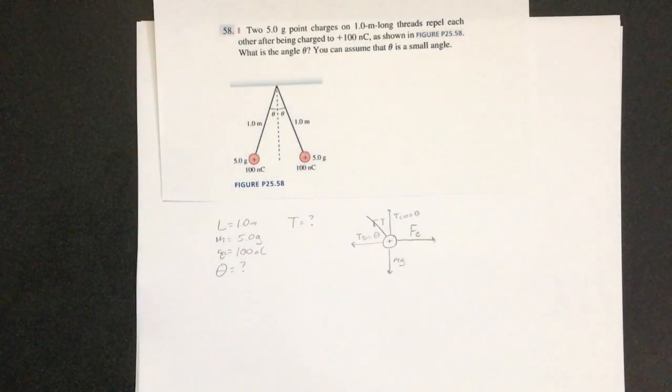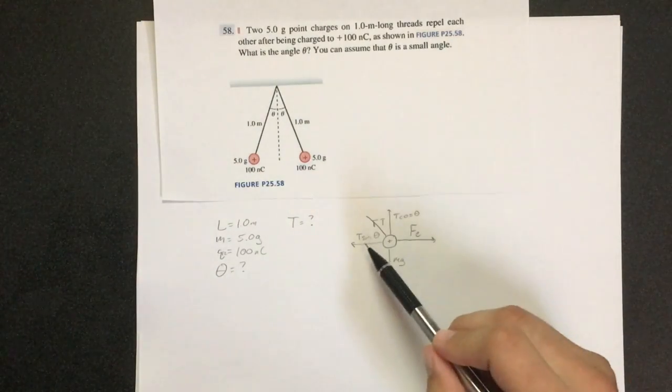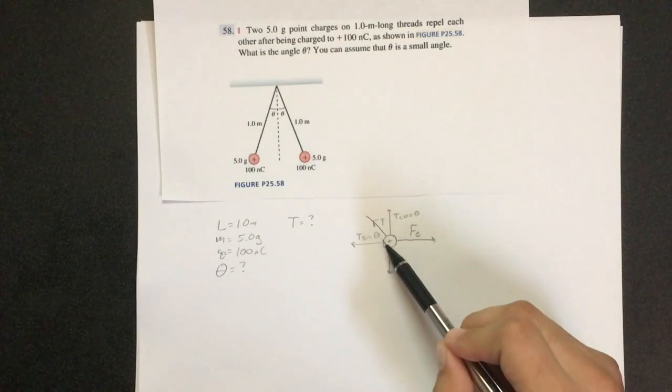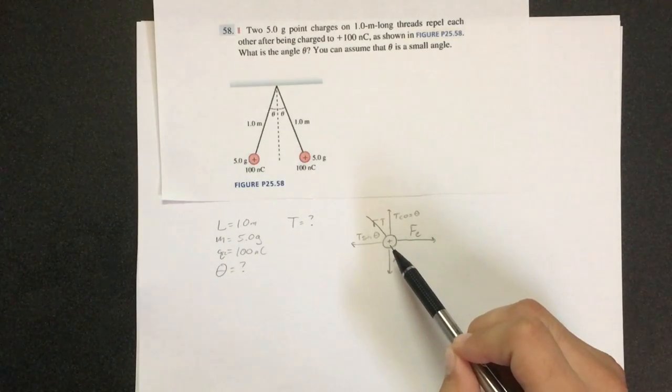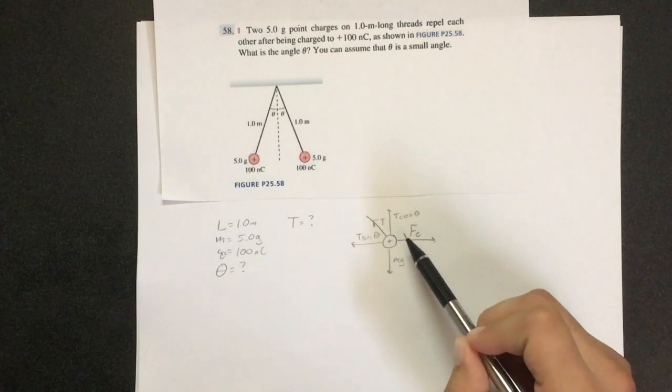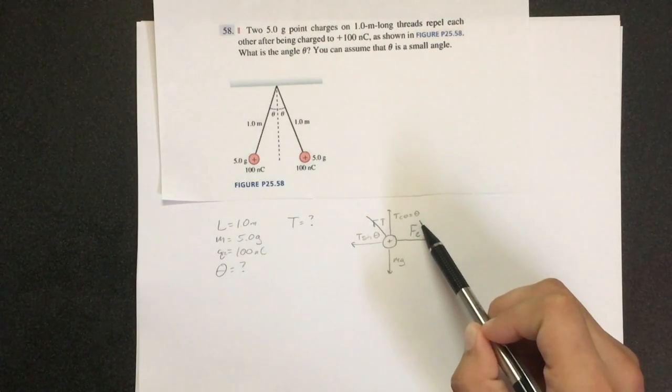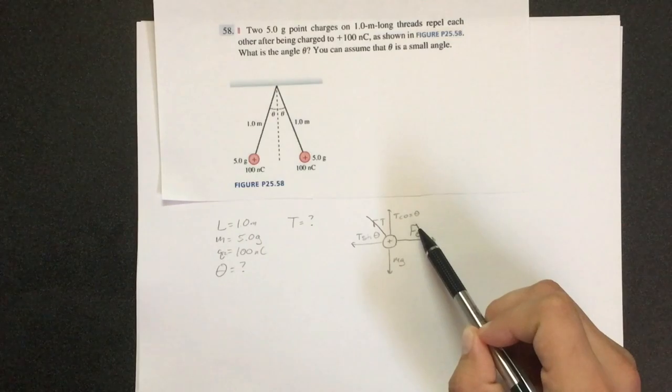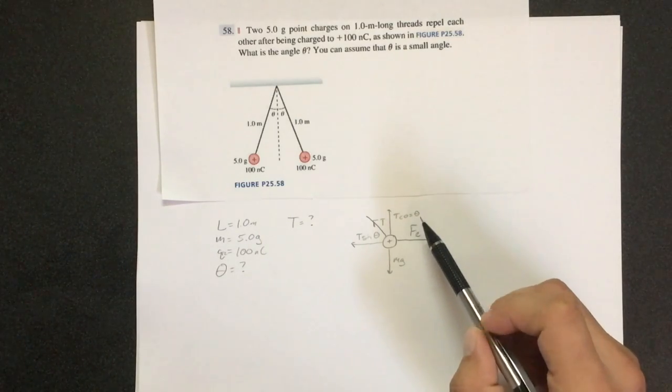T sine theta is the force of tension in the x direction, and T cosine theta is the force of tension in the y direction.